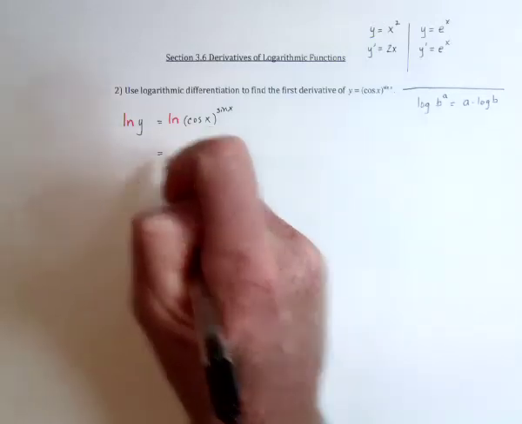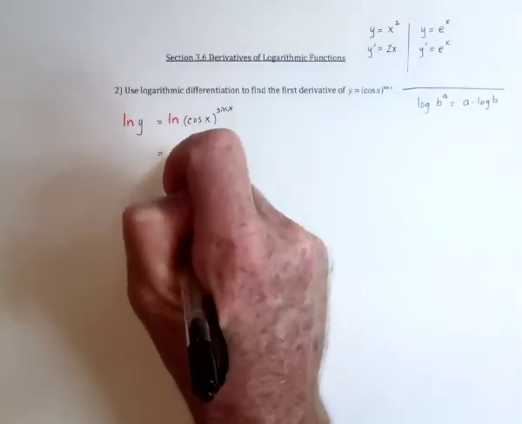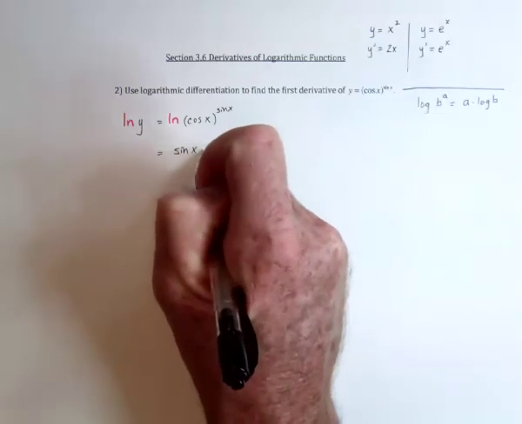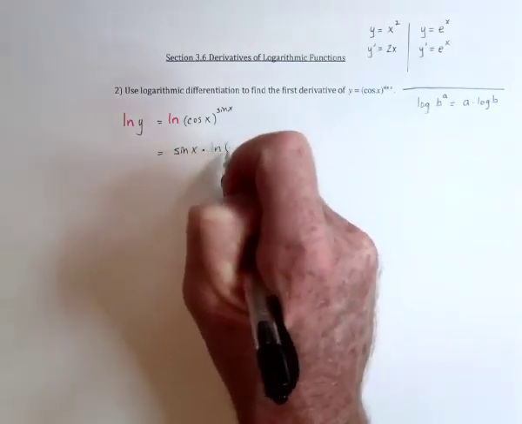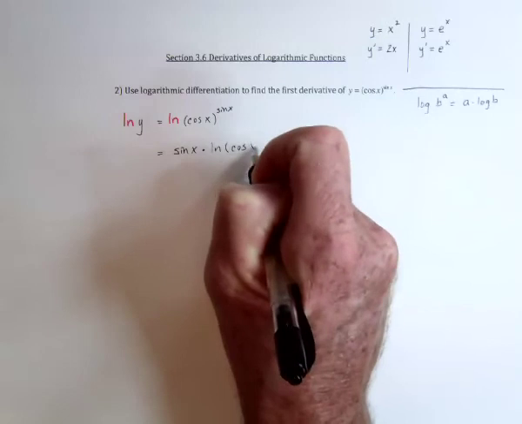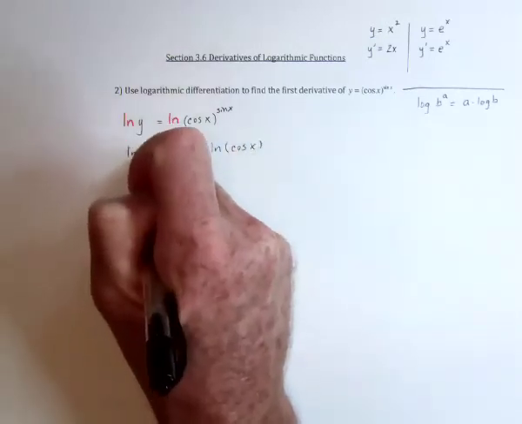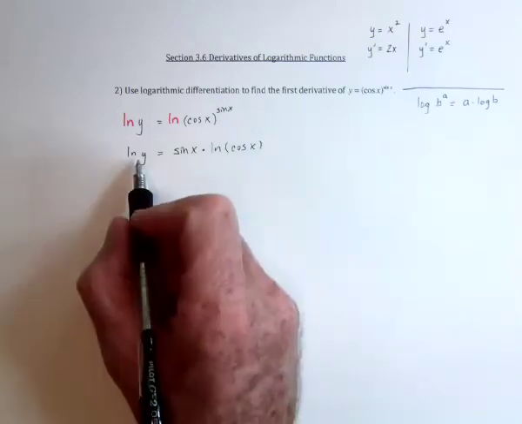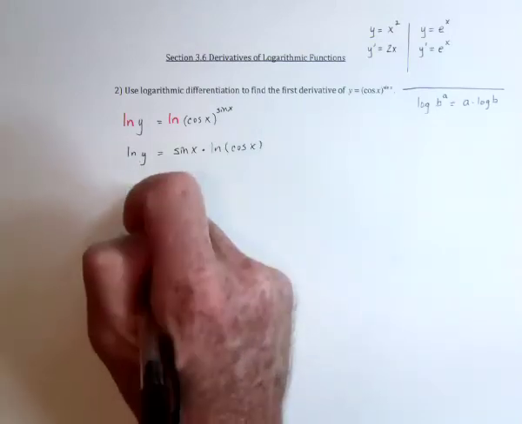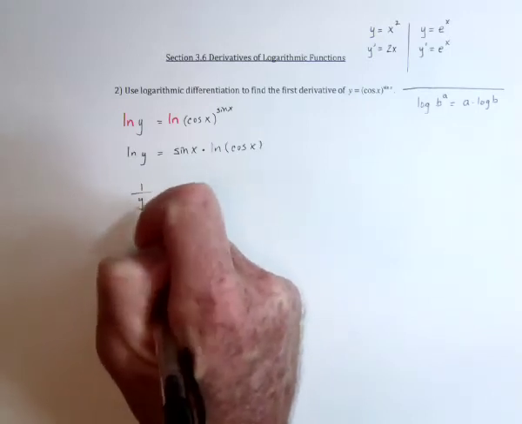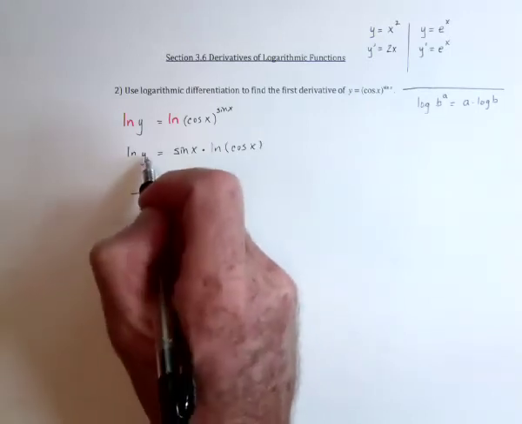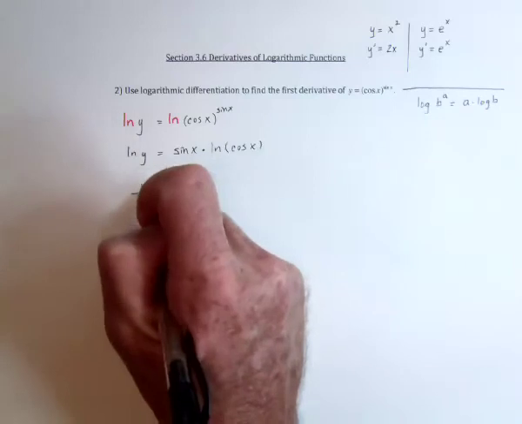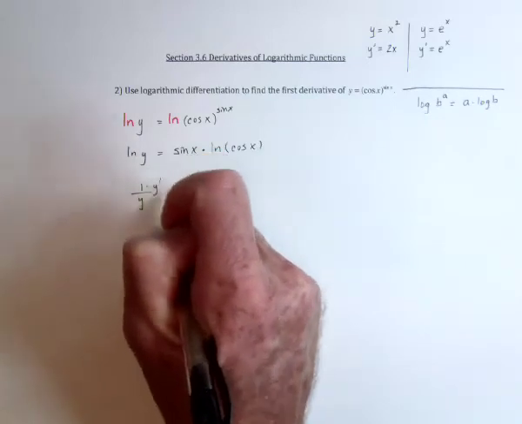And then we use this rule from logarithms, so the sine of x can be brought down in front and multiply with the logarithm. And now take the derivative of both sides. So the derivative of natural log is 1 over the argument. But then the chain rule says you need to take the derivative of this y, so that's y prime.